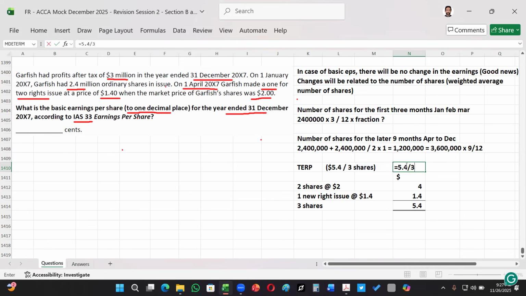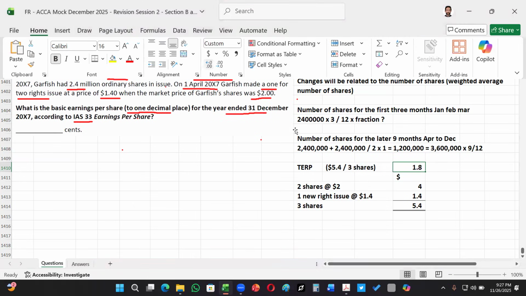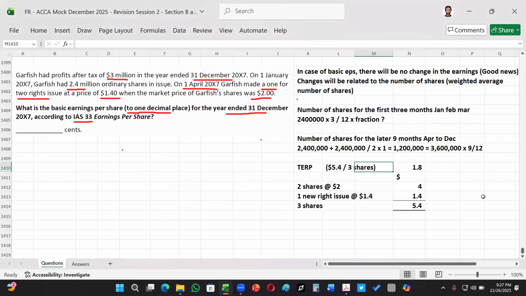That is going to be, unrounded, 1.8. So this is the theoretical exercise price.